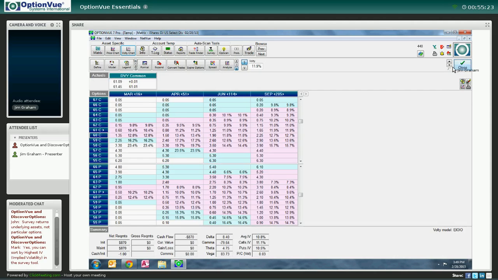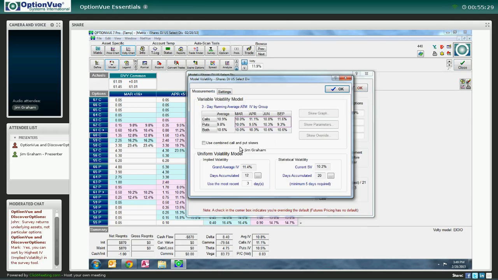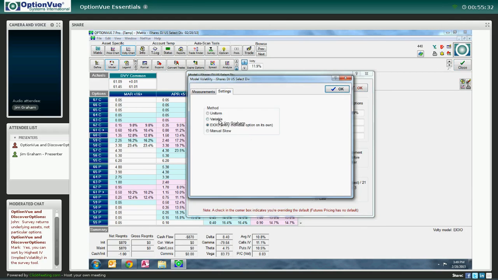So let me go and look at the slides, because when we're doing this analysis, let me just change it back to all the correct things. Variable, using 1 day, you can use more than 1 day. And then there's, in the settings, the CEV factor. The CEV factor is calculated, called constant elasticity of volatility.